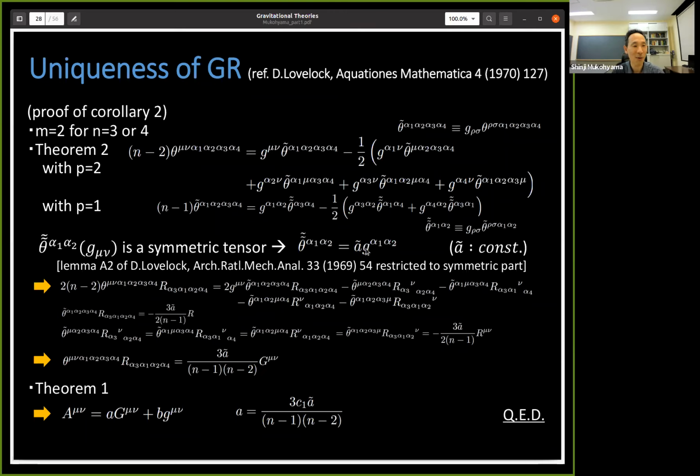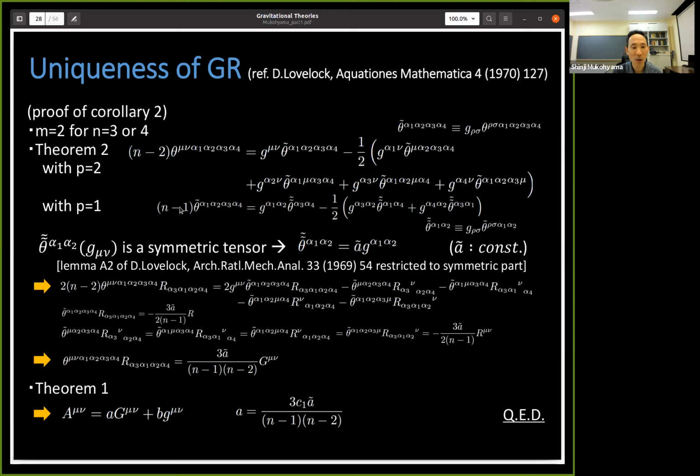If you want a more rigorous proof, have a look at lemma A2 of Lovelock's paper, but intuitively it's obvious. A symmetric rank 2 tensor constructed from the metric is this one, and H is a constant.